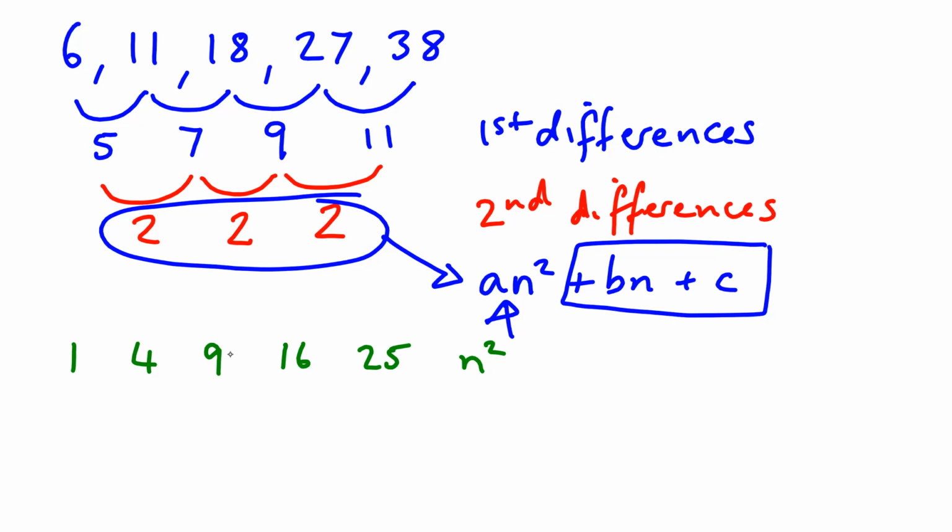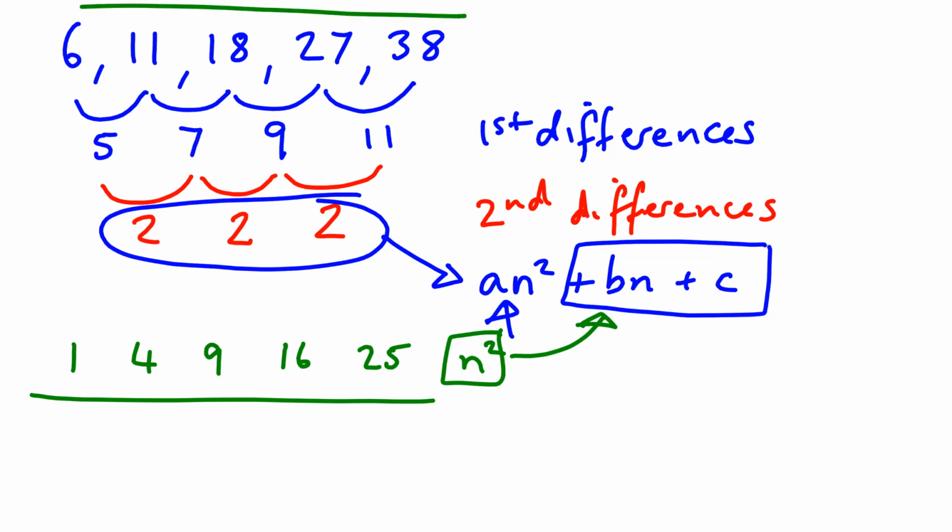So what I want to find out is, if the n squared part of my nth term gives me 1, 4, 9, 16, 25, then what am I left with? Because obviously I started off with 6, 11, 18, 27 and 38. So I can subtract.